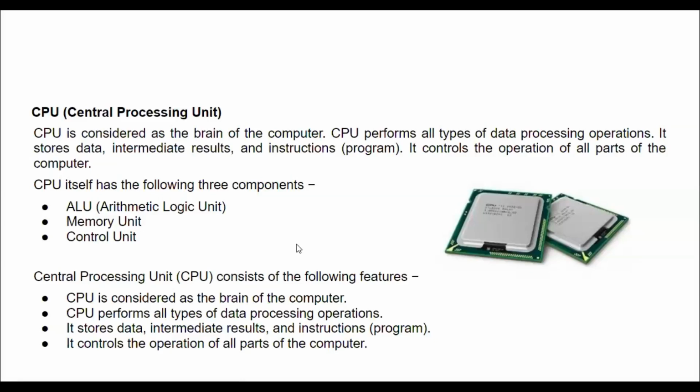So the computer central processing unit is the portion of a computer that retrieves and executes instructions. So the brain of the computer system. Of course, it consists of an arithmetic logic unit, the memory unit, and control unit.